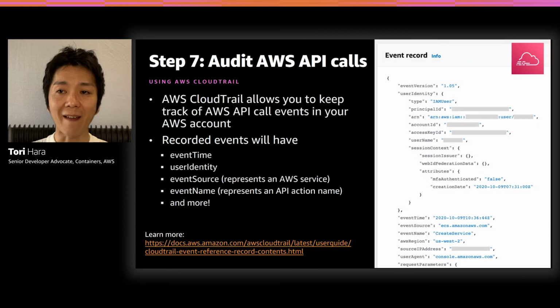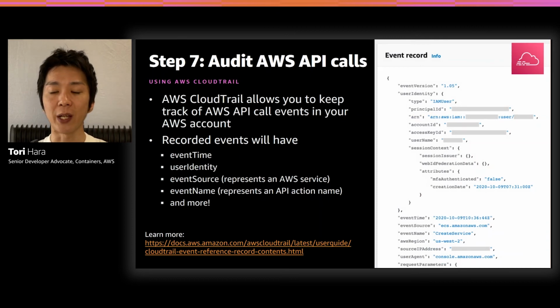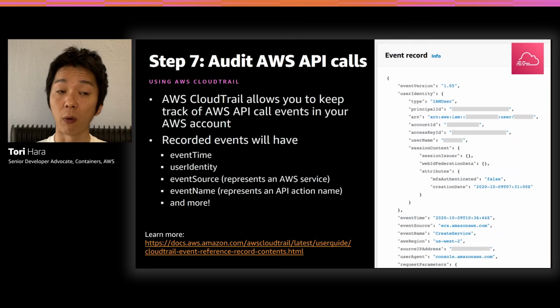So now you have configured all IAM policies for users in your organization properly, but you may also want to ensure that AWS API call events that occur in your AWS account are logged for governance, compliance, and operational risk auditing of your account.